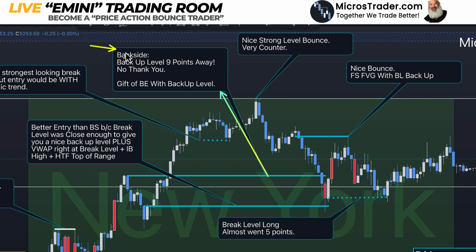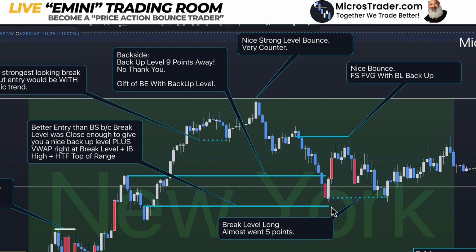This was a backside, but the backup level was 9 points away. No, thank you. If you did take it, requiring a backup level, you were given the gift of break even. I'm not going to take that trade when I'm seeing an obvious breakdown here, and the backup level is 9 points away. No, thank you. I'm not taking that trade.